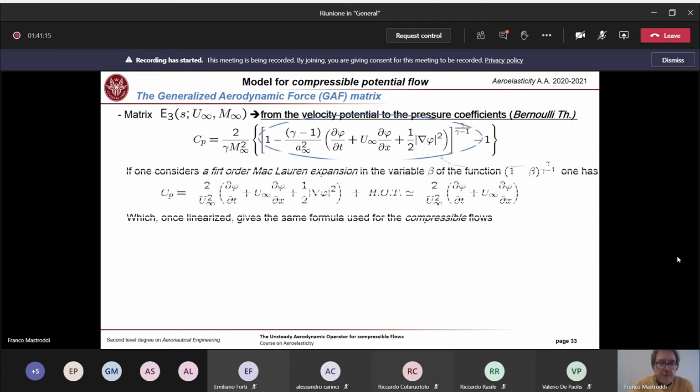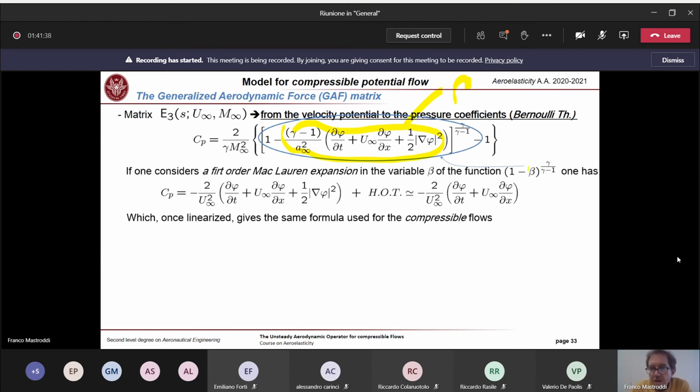So please try to linearize and see this relationship like 1 minus beta to the power gamma divided by gamma minus 1 as a power. Assume this is not the previous beta, this is another beta.